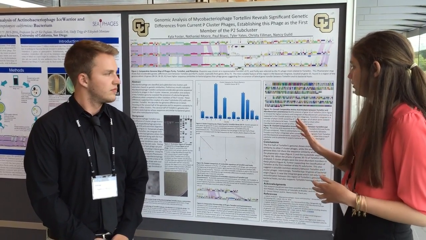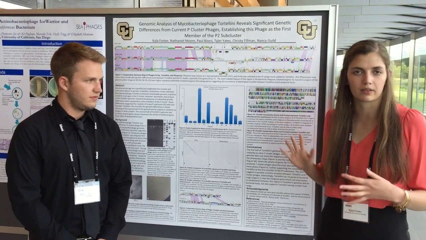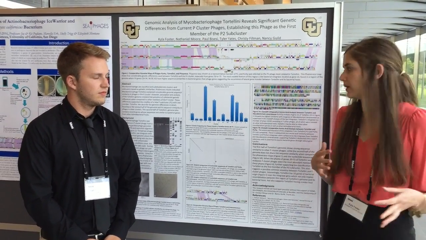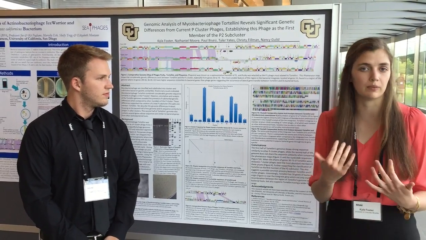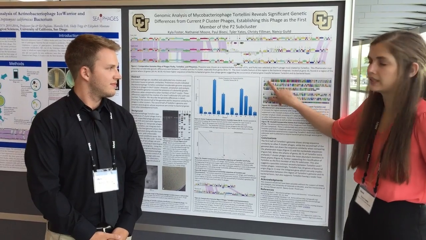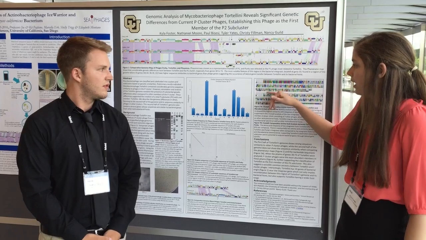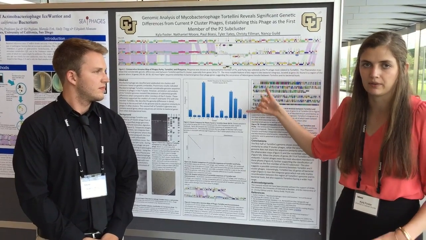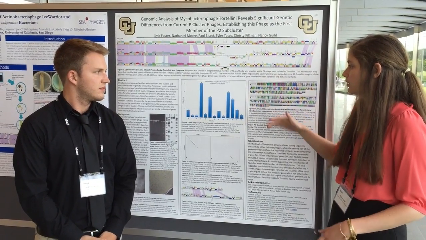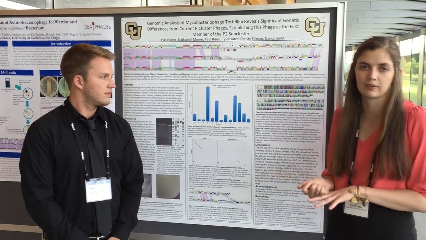So we looked a little closer into this relationship, and this figure was generated by a program called ClustalX, which allows you to compare the amino acid sequences of two gene products. So in the first part, part A, we've compared tortellini's integrase gene with the integrase of Mycobacterium canariasense. And to help us read the figure, the asterisks above the letters show when amino acids are similar, and the colors also correspond to this similarity.